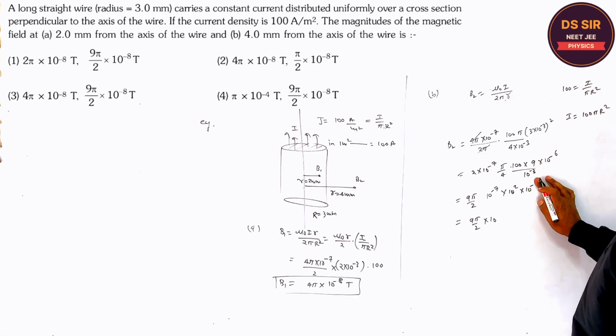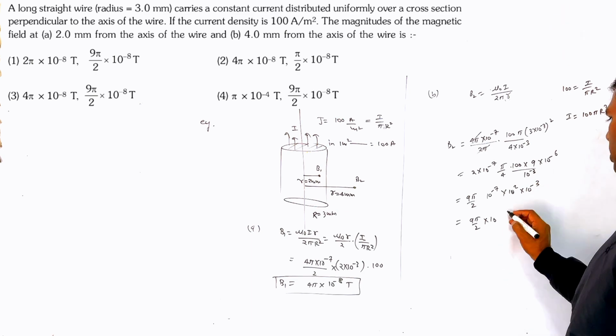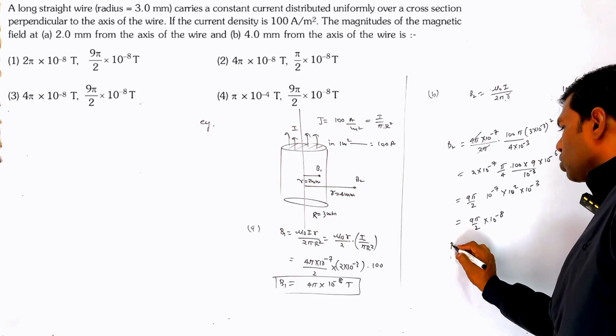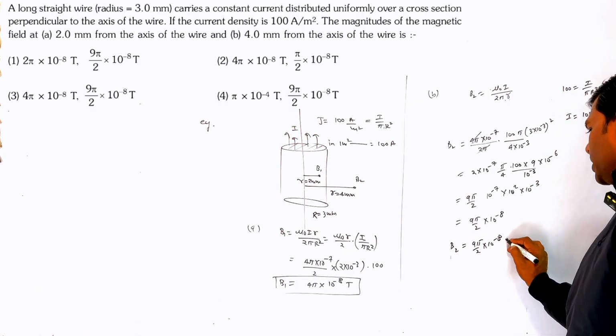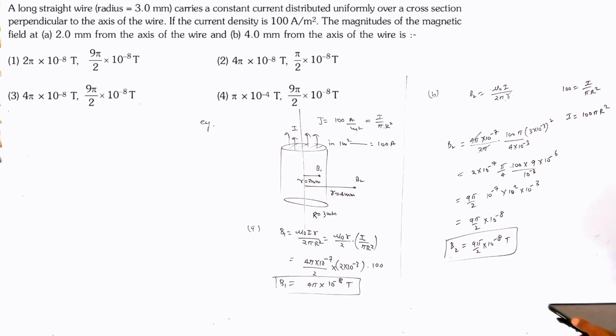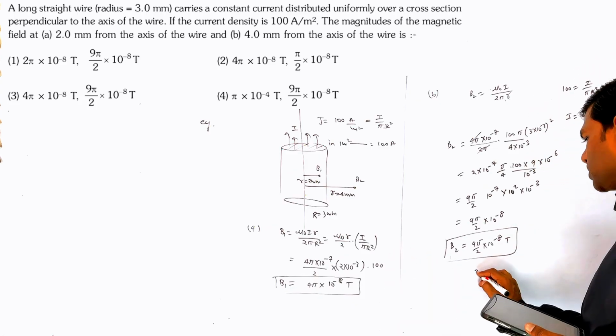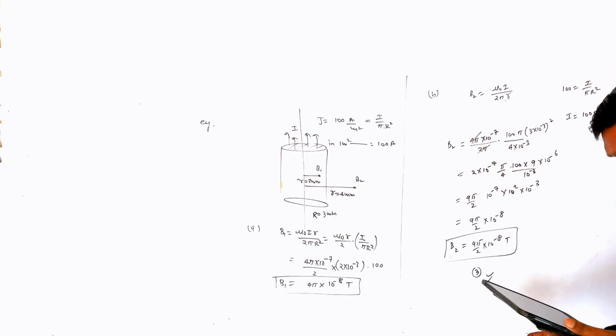So when it goes in the denominator, the numerator becomes minus 3, so it becomes minus 8. So the B2 is equal to 9 pi by 2 into 10 to the power minus 8 Tesla. Fine. So the B2 is this. So the third option is matching. Is it clear or not, you tell? Copy this.